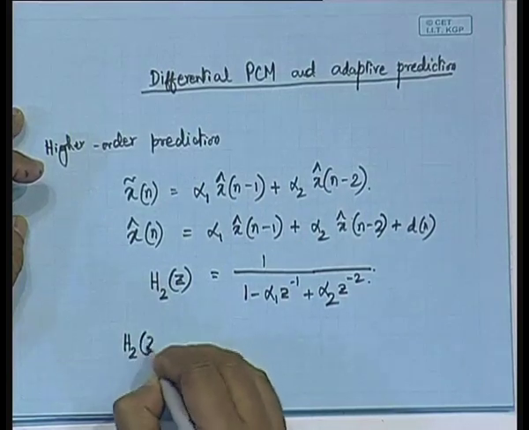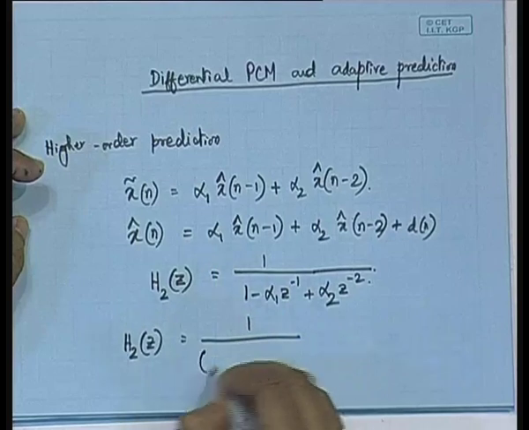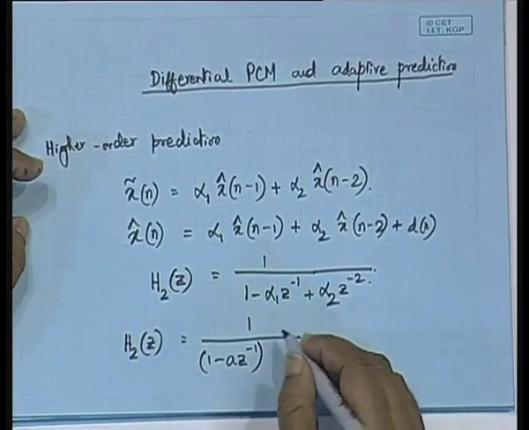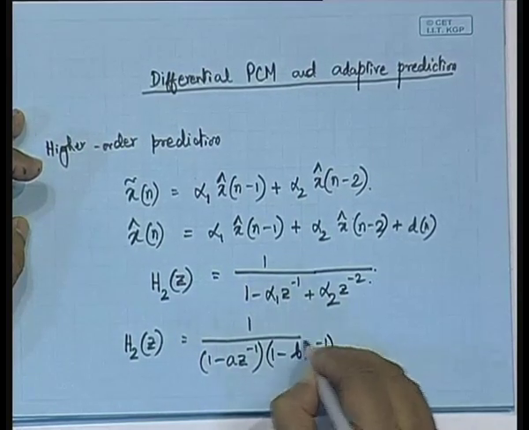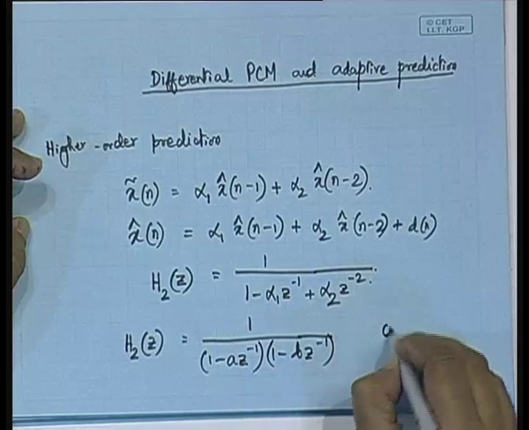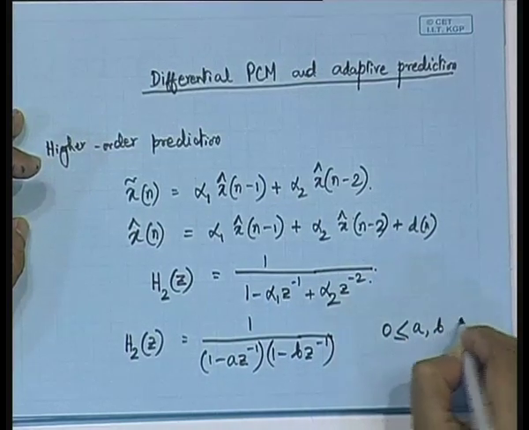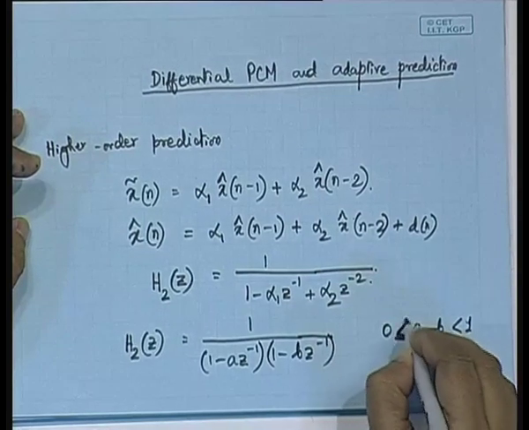And in fact, it should be possible for us to write down this h2 of z in this form. The second order predictor can be expressed as 1 upon 1 minus a z to the power minus 1 into 1 minus b z to the power minus 1, where a and b are varying between 0 and 1, okay.